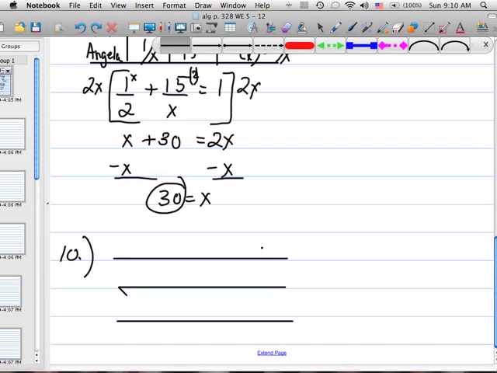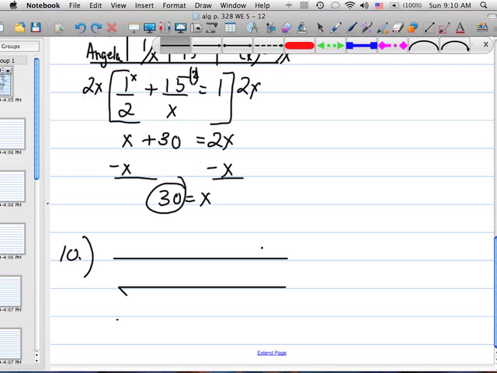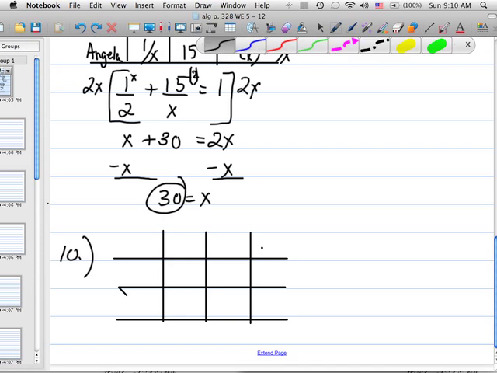Problem number 10, make your chart. Ten says a roofing contractor estimates that he can shingle a house in 20 hours, and that his assistant can do it in 30.